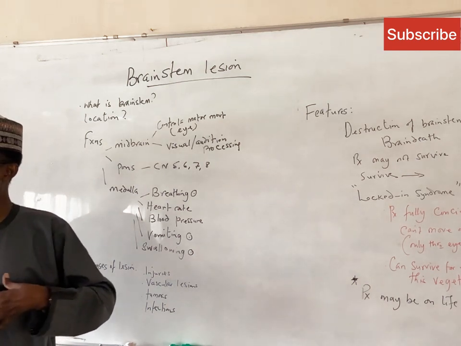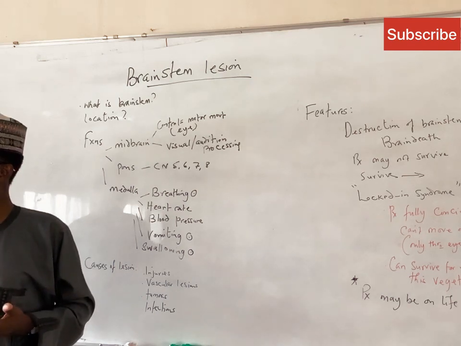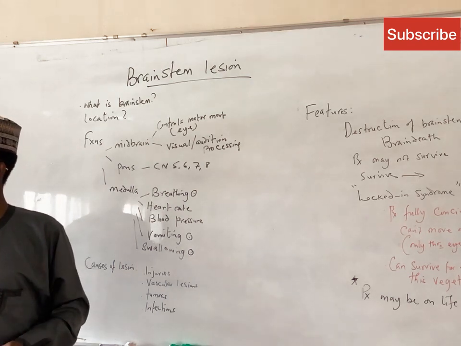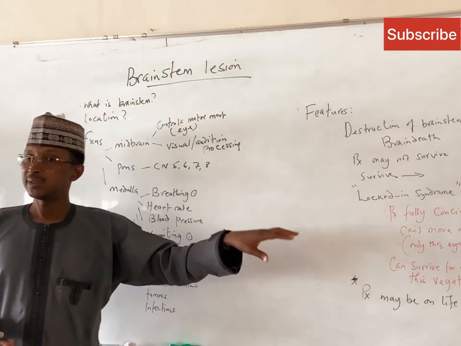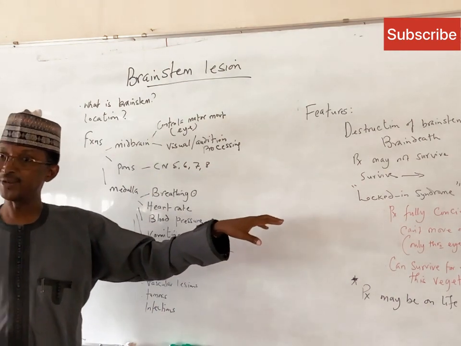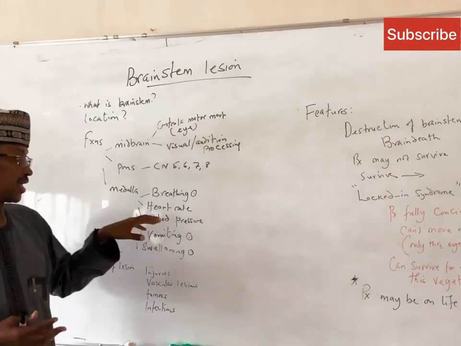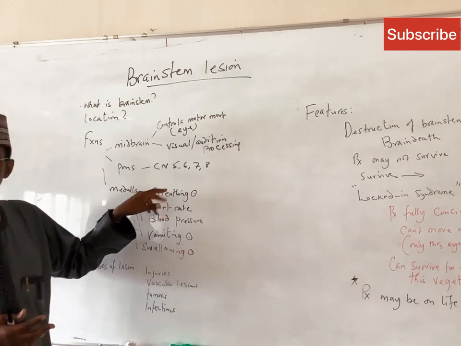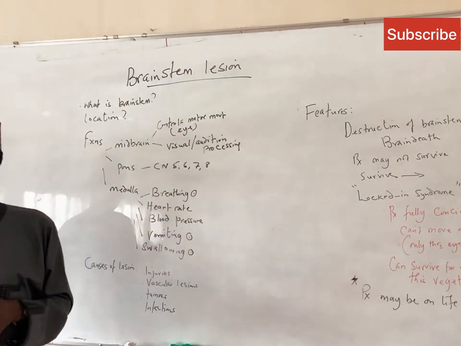If that is absent and the chest movement is no more, it means the person is no longer respiring. That means the person is dead. So in brain death, the person may not survive, and if he is dead, the death is a result of these two important centers that have been damaged.